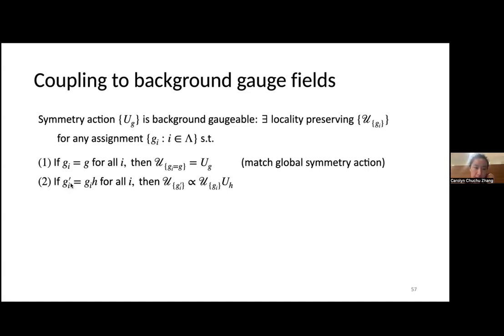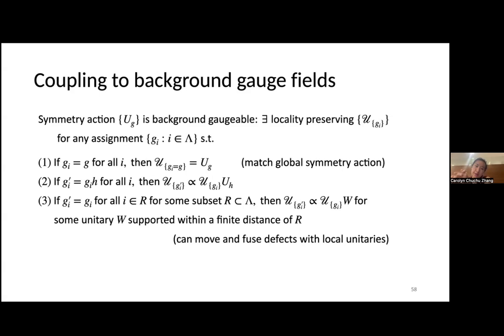And if Gi prime is equal to Gi times H for all i, then this is proportional to this curly U of Gi times a global unitary that's associated with the symmetry element H. So this is just matching with the global symmetry action.